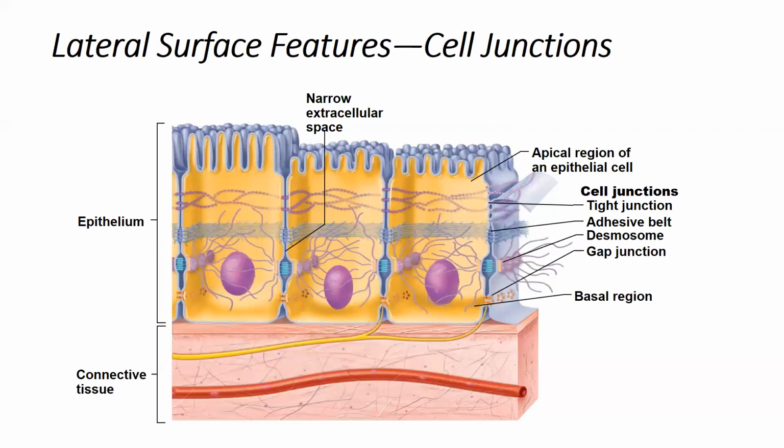And these proteins go all the way through the cell. You can see them connecting on either side here. They also have this interdigitation in between here, like the teeth of a zipper, which is also going to anchor the cell in place.